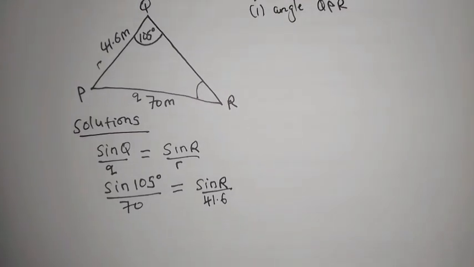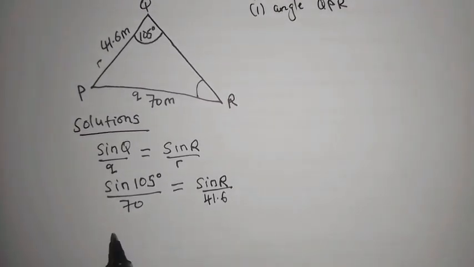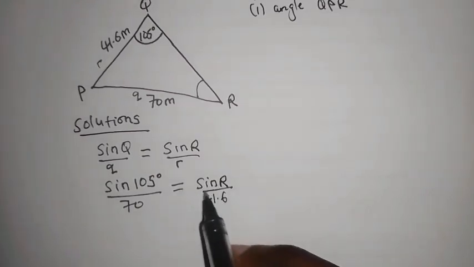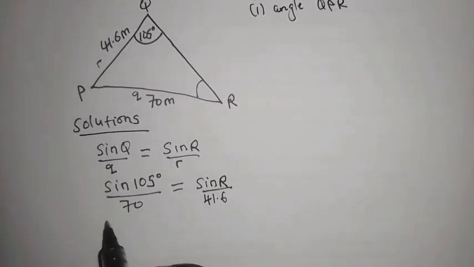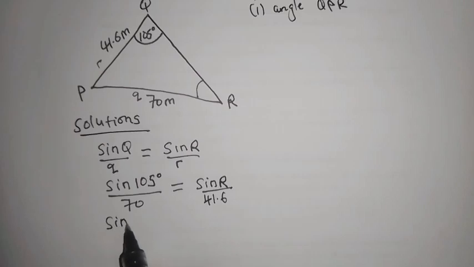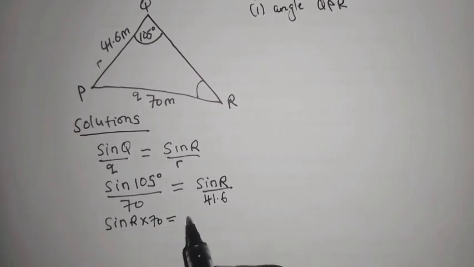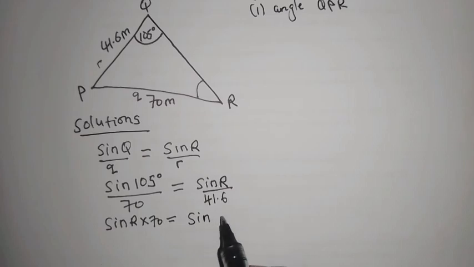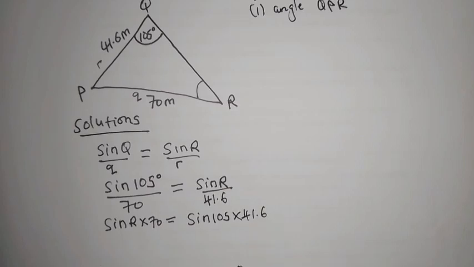From there, I can just cross multiply. Sine R multiplied by 70 equals sine 105 multiplied by 41.6.